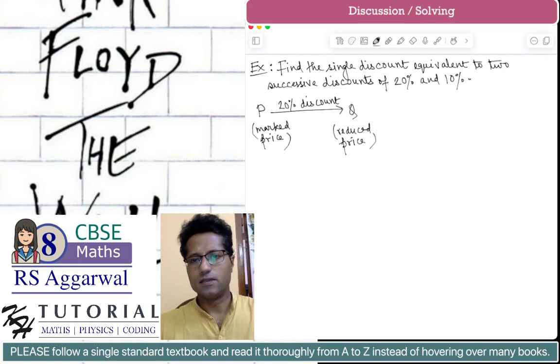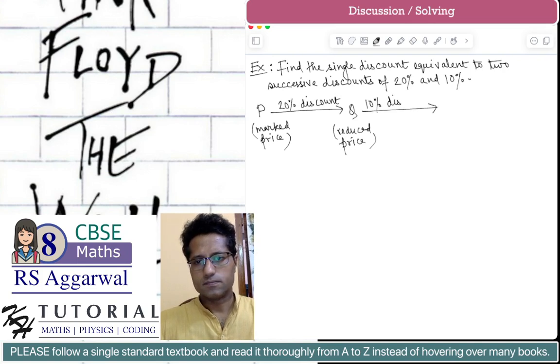And then there was another discount of 10%, and we get some reduced price R, which will definitely be the selling price.